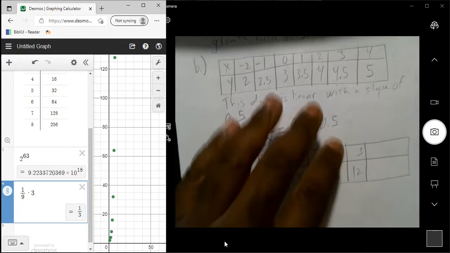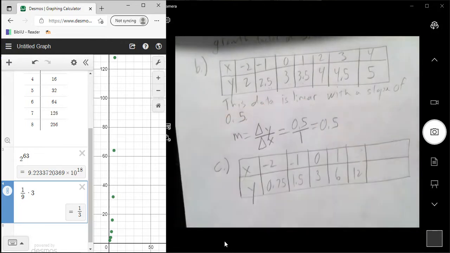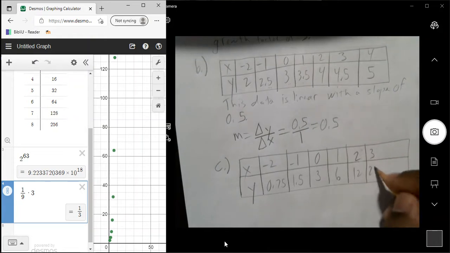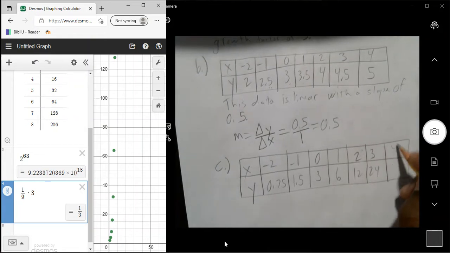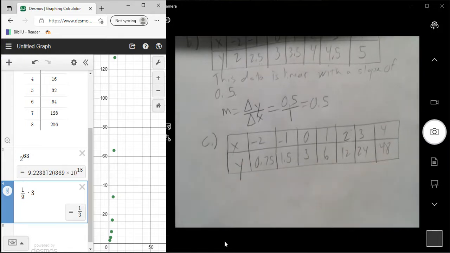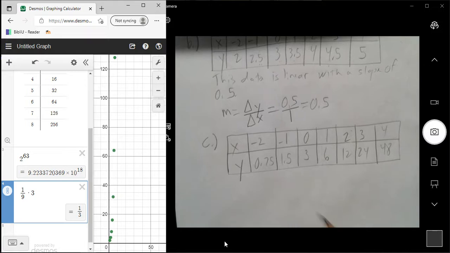Oh, it's supposed to be 2, 12, not 3, 12. So 2, 12; 3, 24; and finally 4, 48. Now, if we look at our x values again, they're constant, they're going up by a positive 1. So now we would just concentrate on our y values.